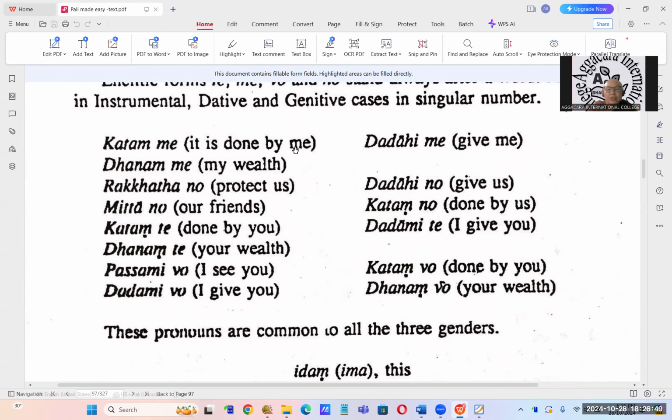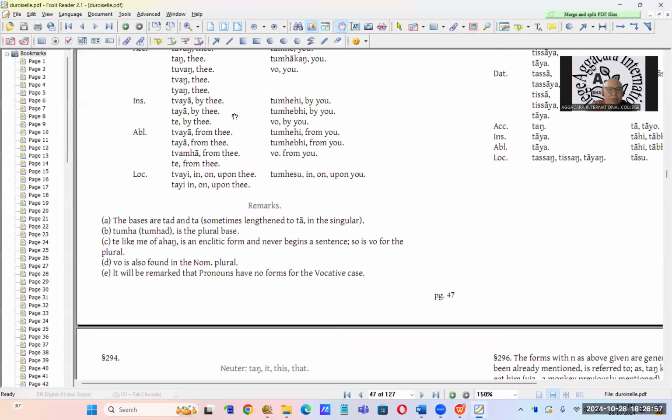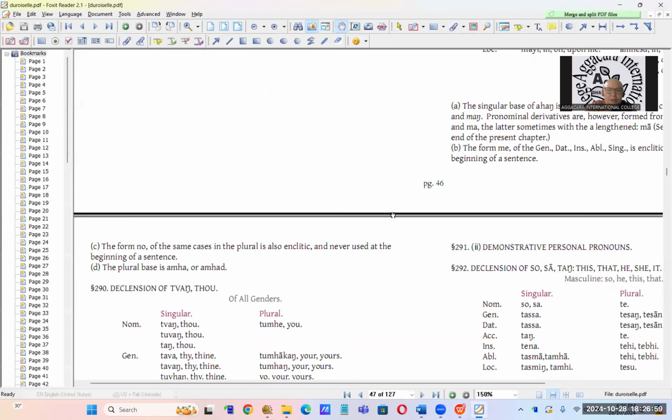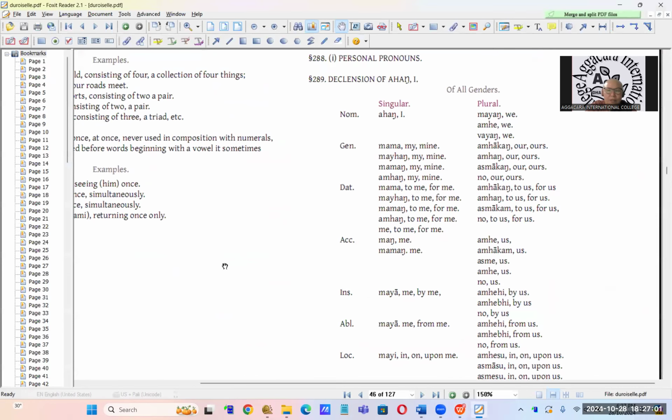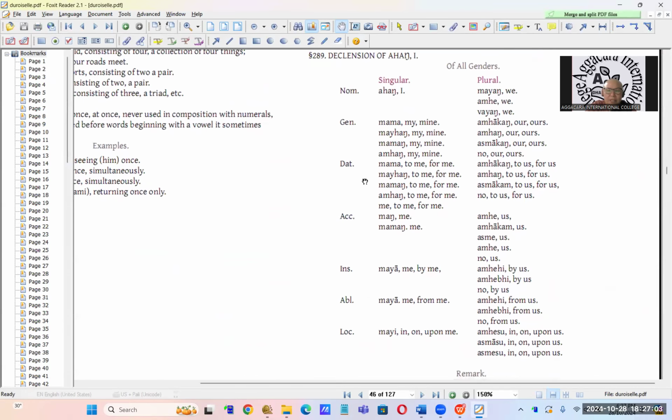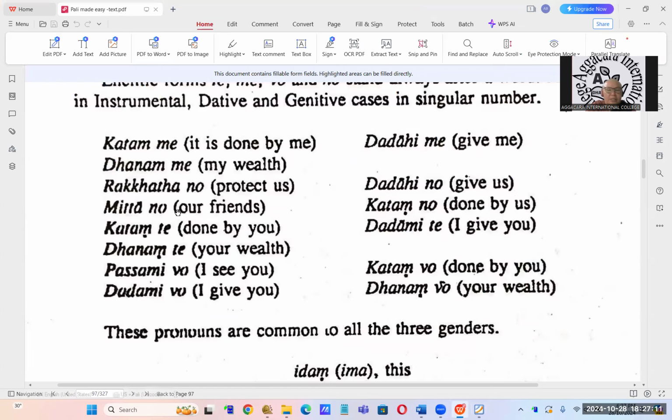Me should definitely be instrumental because it has to do with the past participle. It's done by me. But just now, like we say me, if we look at this me, it happened in the dative also, accusative also, instrumental also. So me is very common. Out of these few cases, it should be instrumental because of the katam.